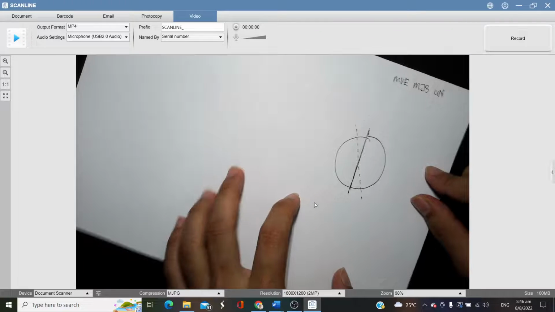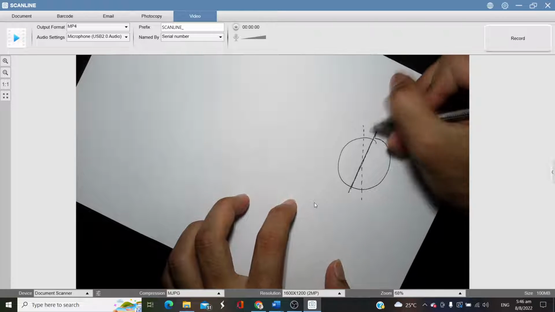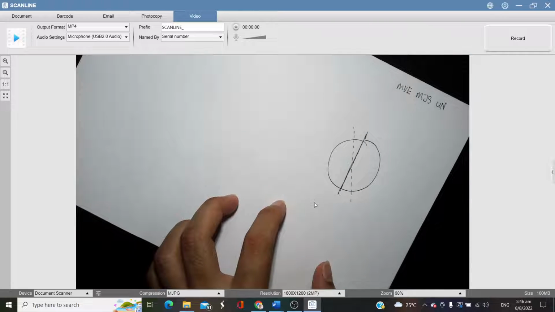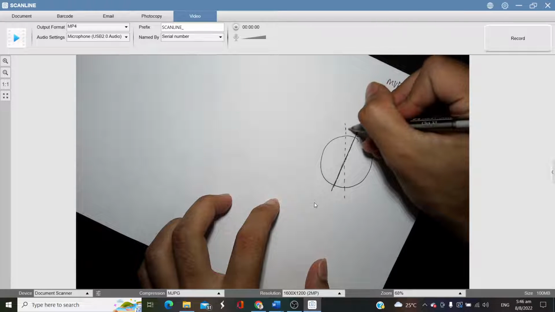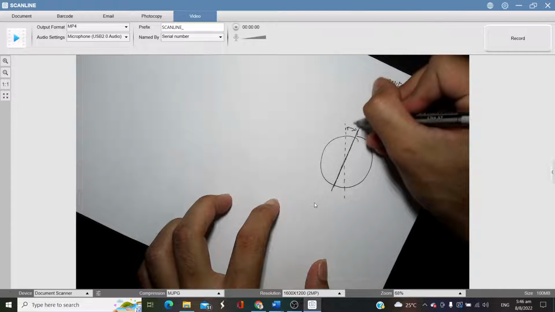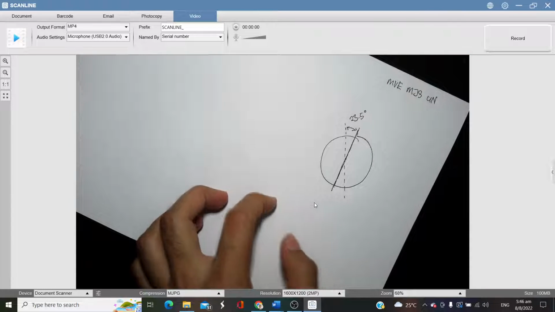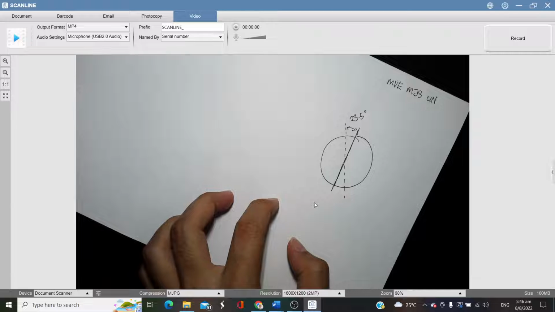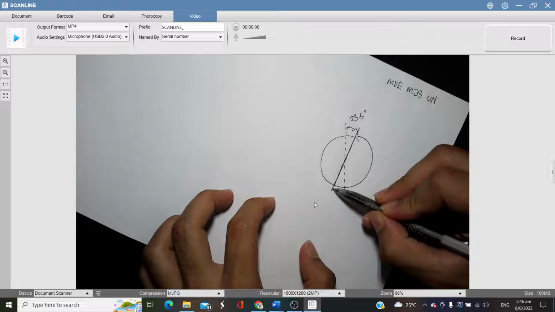From here to here is 23.5 degrees. So this is the axis.